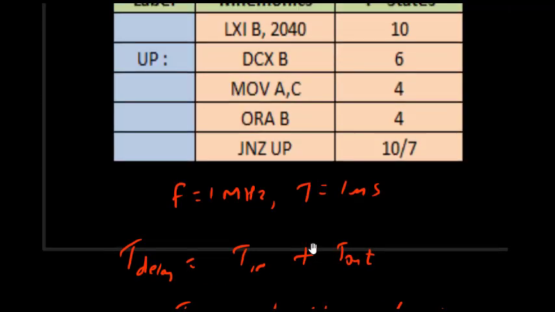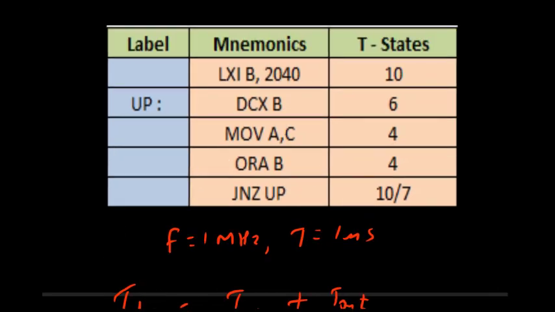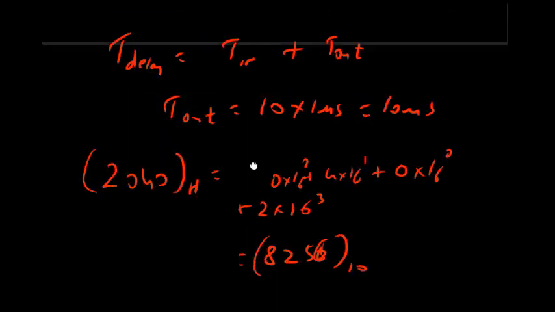Now inside the loop, as we can see, there are 6 plus 4 plus 4 and then plus 10. We can ignore this last one when it comes out, because it is hardly 3 microsecond and this is an enormous amount of delay. So 6 plus 4 is 10, 10 plus 4 is 14, 14 plus 10 is 24. So 24 T states.